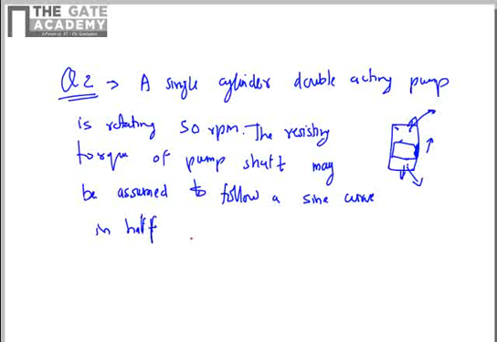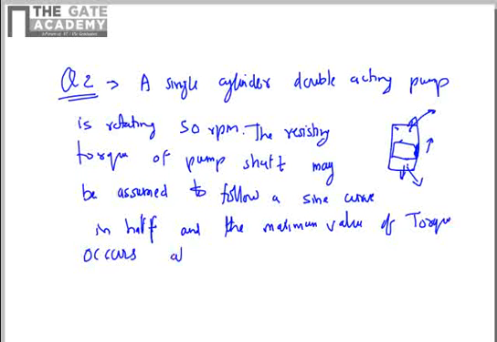So in one half of the revolution, one sine wave is completed by the pump shaft, and the maximum value of torque occurs at 90 degree and 270 degree.